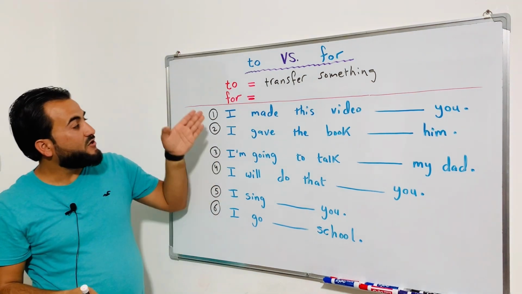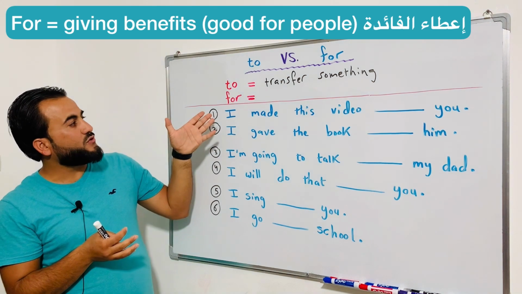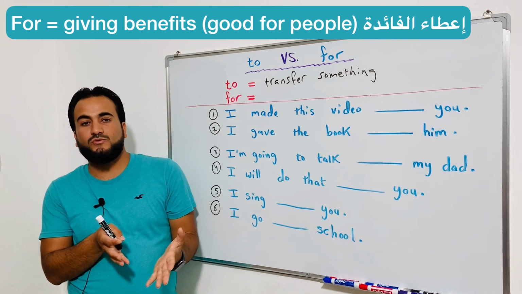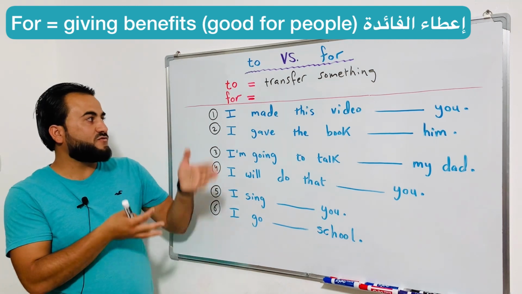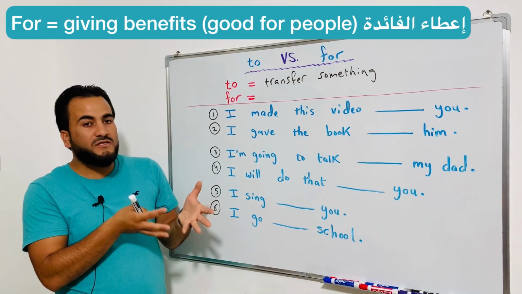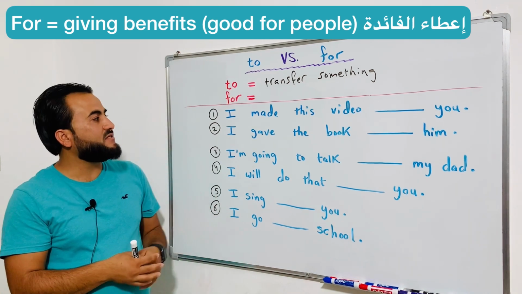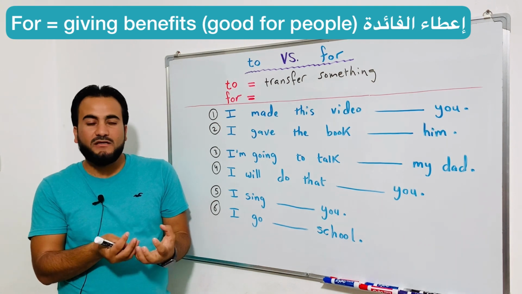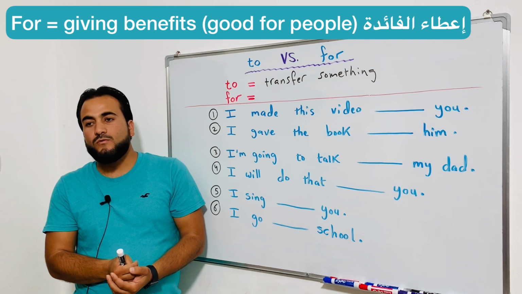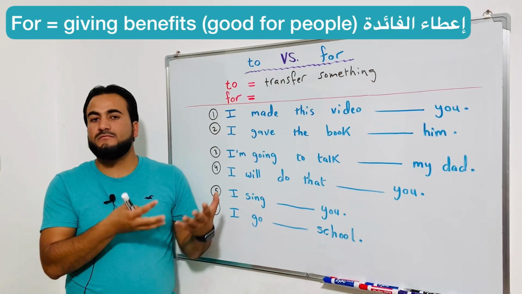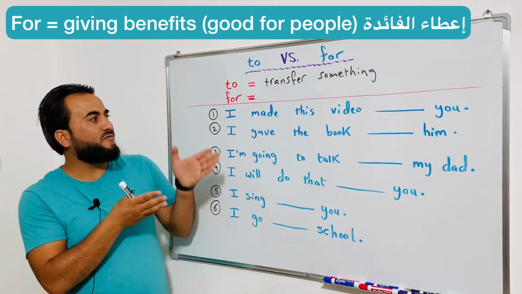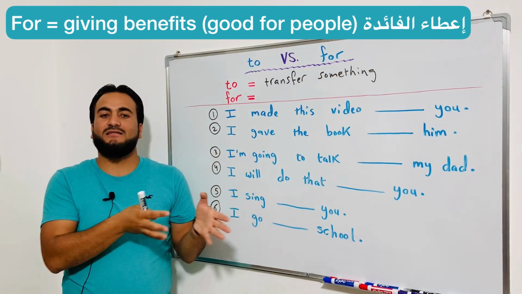Very nice. For, we use for when we give benefits to someone. Okay, then we use for giving benefits, meaning good things for people. إذن لما بدي أنا أعمل شيء وأخلي الناس تستفيد من هذا الشيء. أو when I want to help someone، لما بدي أساعد شخص معين بستخدم for. أنا عملت شيء للمساعدة، للإفادة.